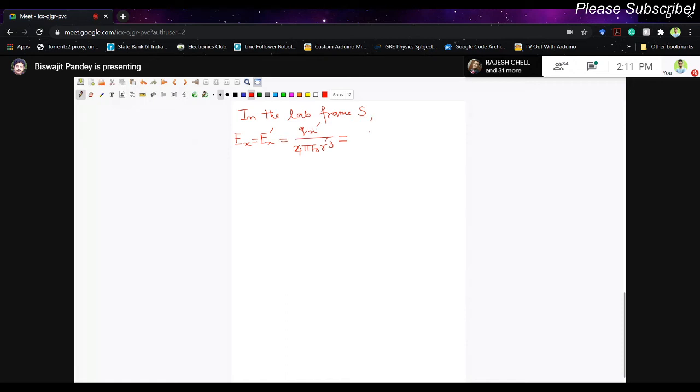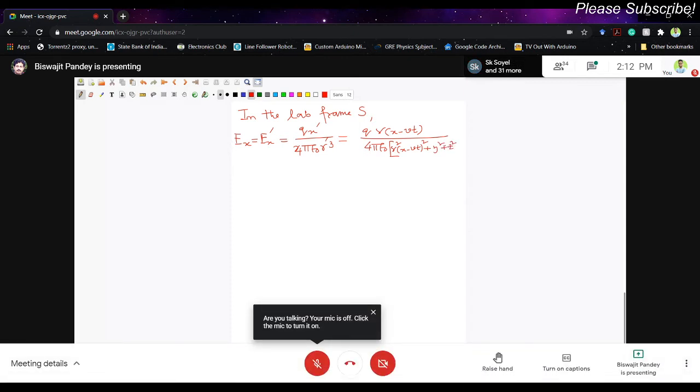So q x prime is q gamma into x minus vt divided by 4 pi epsilon 0, and then r prime is the square root of x prime square plus y prime square plus z prime square. And x prime is gamma into x minus vt. So this will be gamma square x minus vt whole square plus y square plus z square. Now remember, this is a square root and we have a cube, so it will be 3 half.